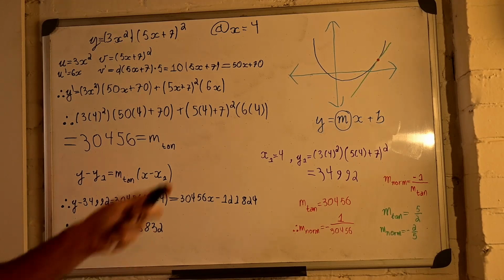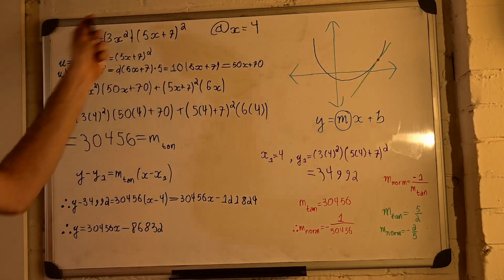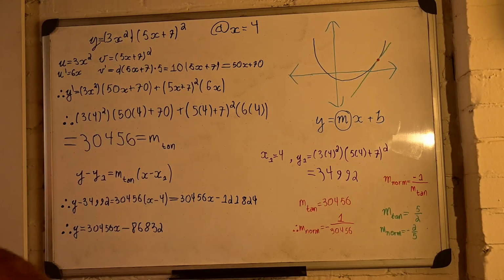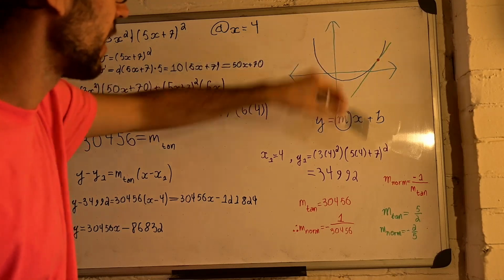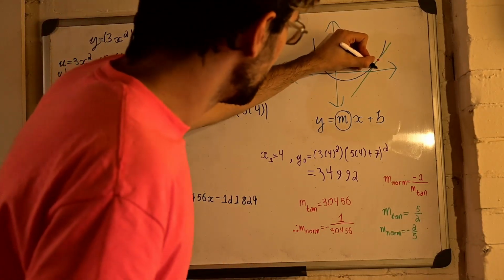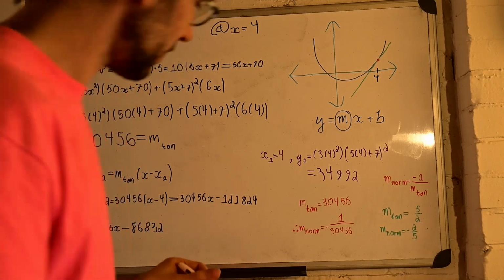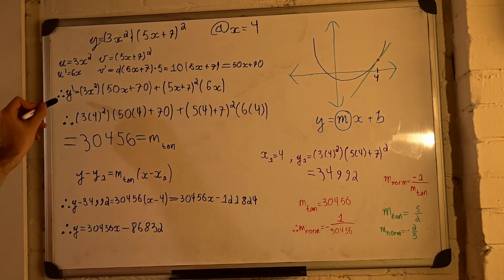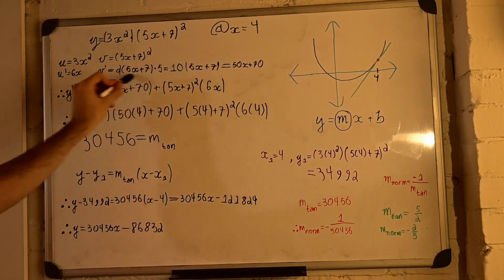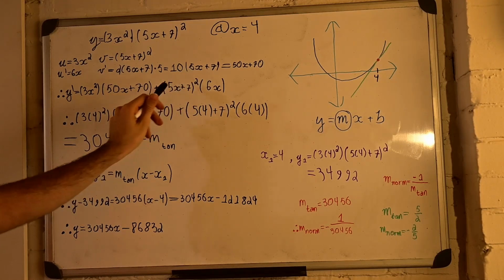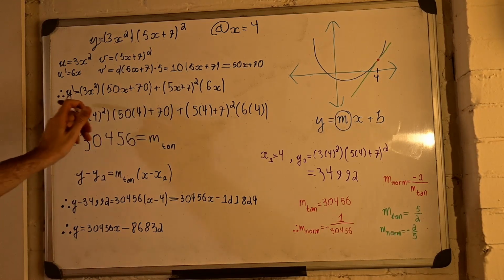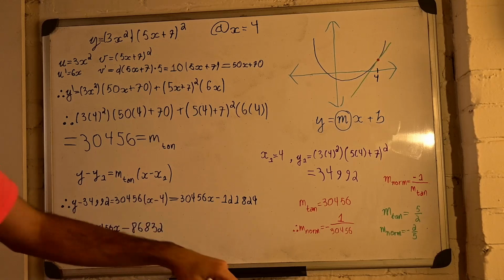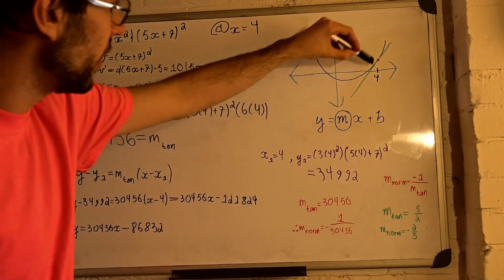By evaluate, I just mean you plug in x equals 4 into the derivative. And let's just say this red point right here is x equals 4. So the number you will get from putting in the x value into the derivative equation will be the value of the slope of this tangent line.